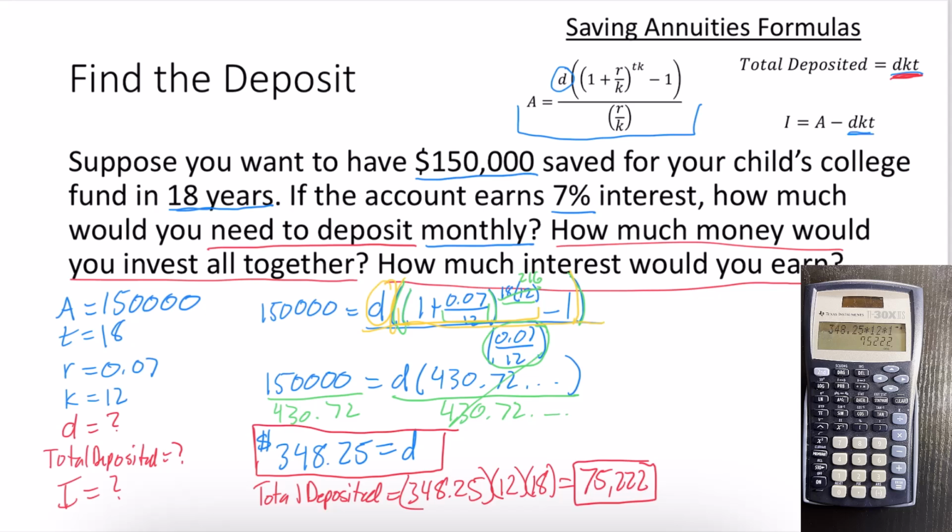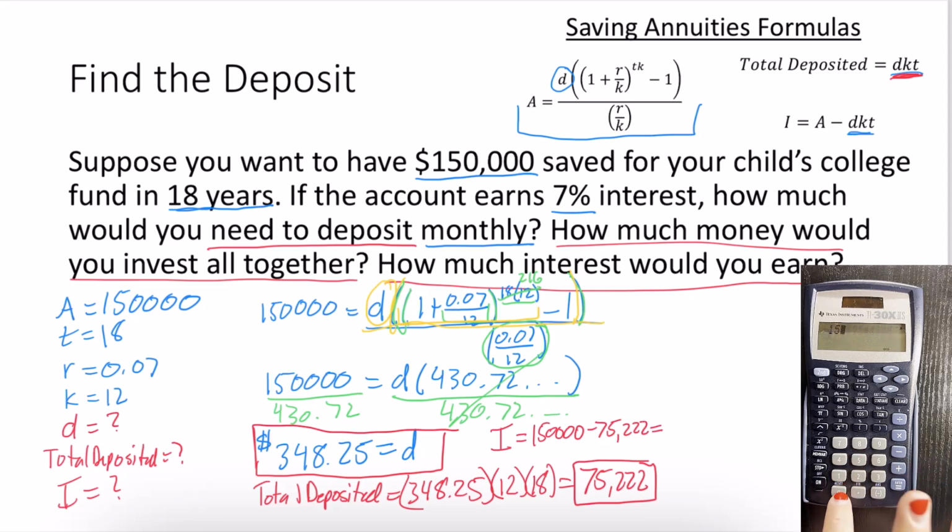And remember that assuming I make this deposit every month, the amount that I'll have at the end is $150,000. And so the interest that I will earn is going to be $150,000 minus the money that I put into the account. So that 75,222 number.